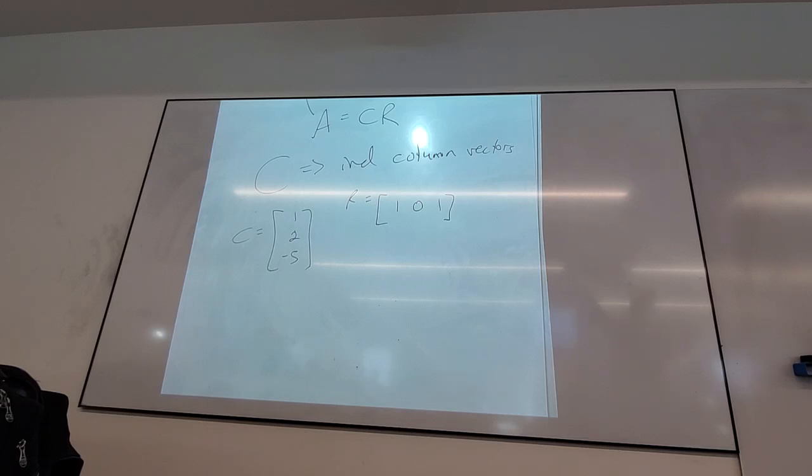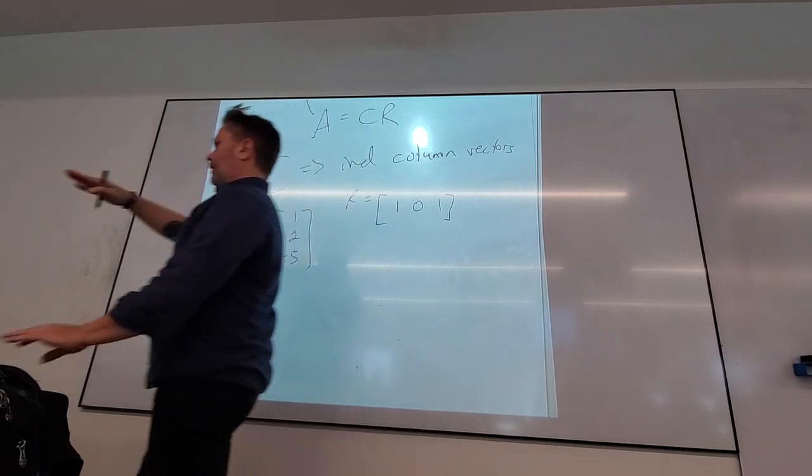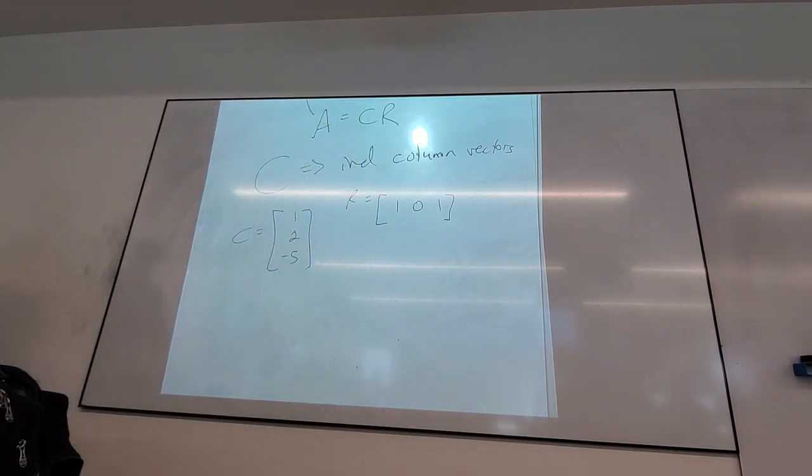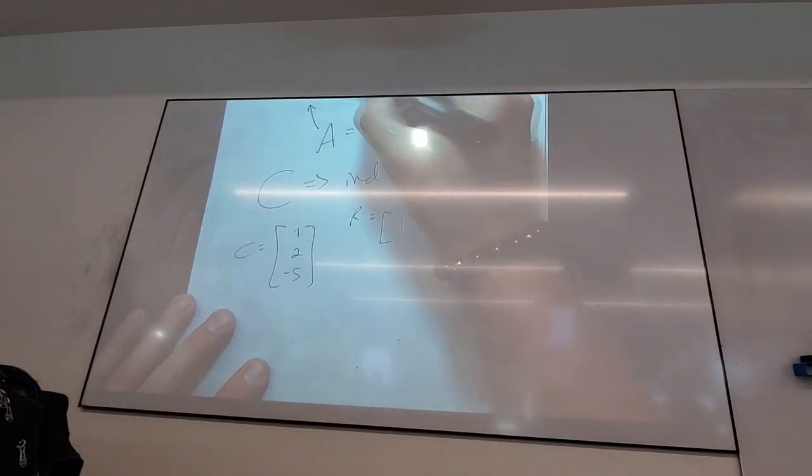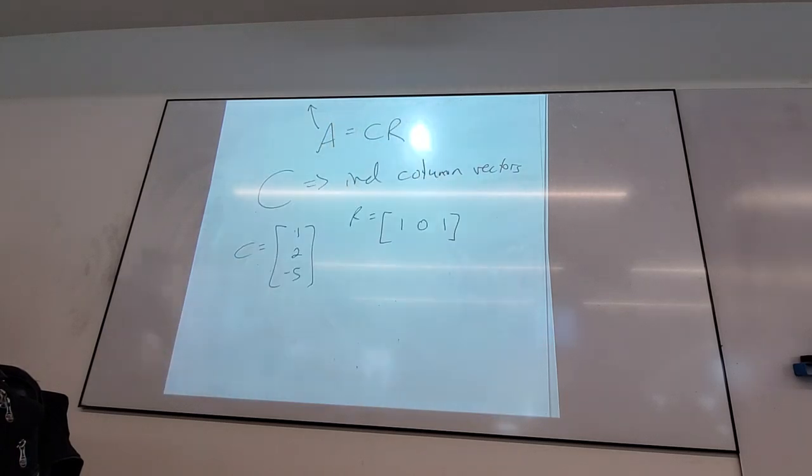R tells me how to combine the column vectors in C to recreate A. Is that cool? We've done a few things directly about that, yes? The more important thing is, you all agree that C times R is A, because that's the whole idea.